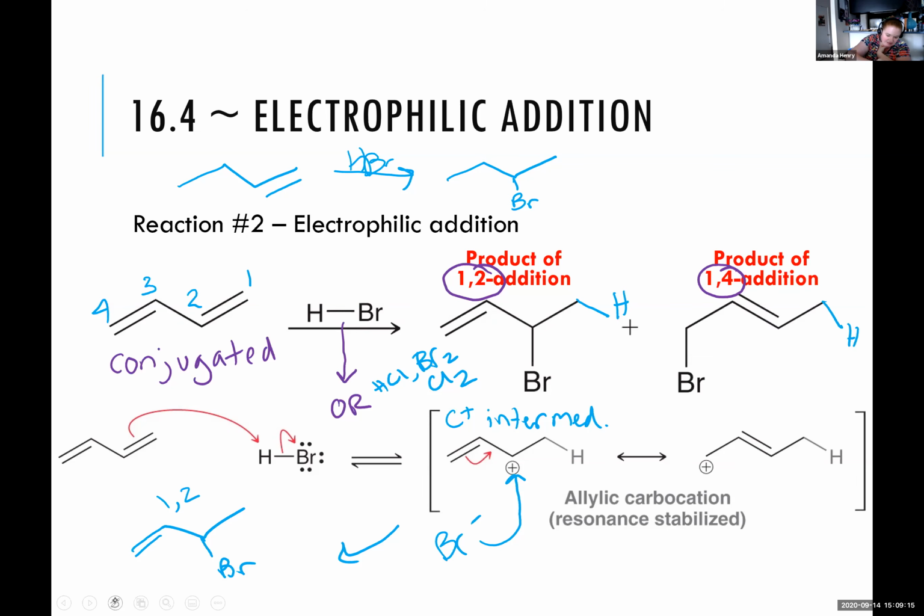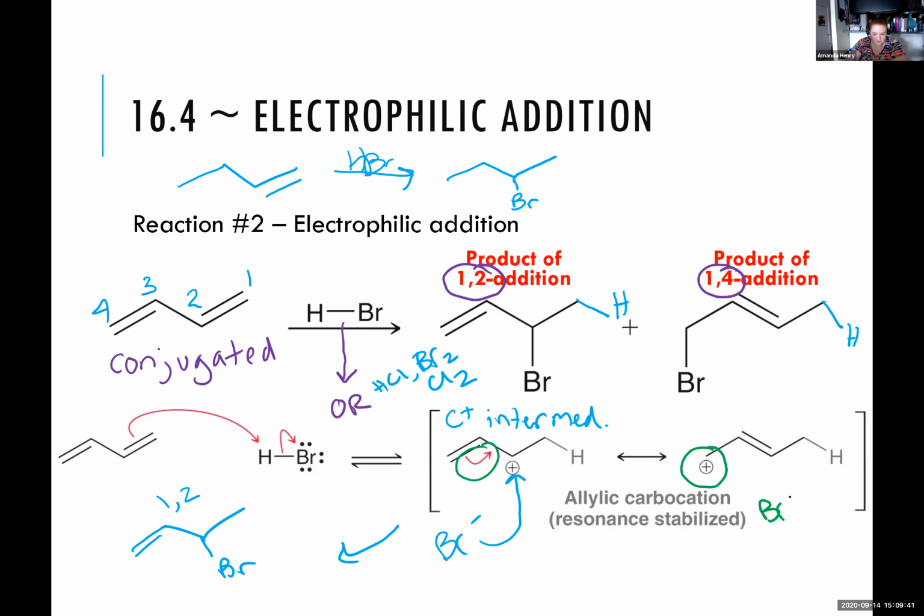The second thing that can happen though is this arrow right here, which is showing us the resonance. So this is an allylic carbocation. This falls into one of our resonance categories, that pi bond next to a positive charge. So the pi bond scoots over, and now our carbocation is on our carbon number 4.